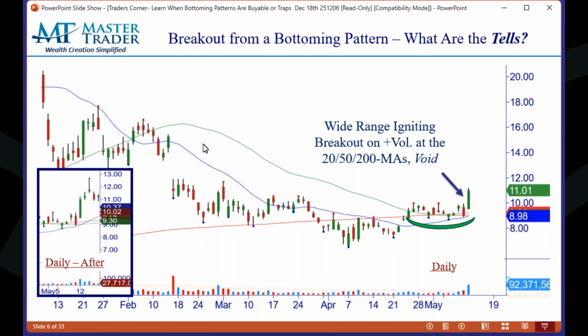I have a short and intermediate term correction or pullback within a long-term uptrend. Now, all 3 moving averages are converging.